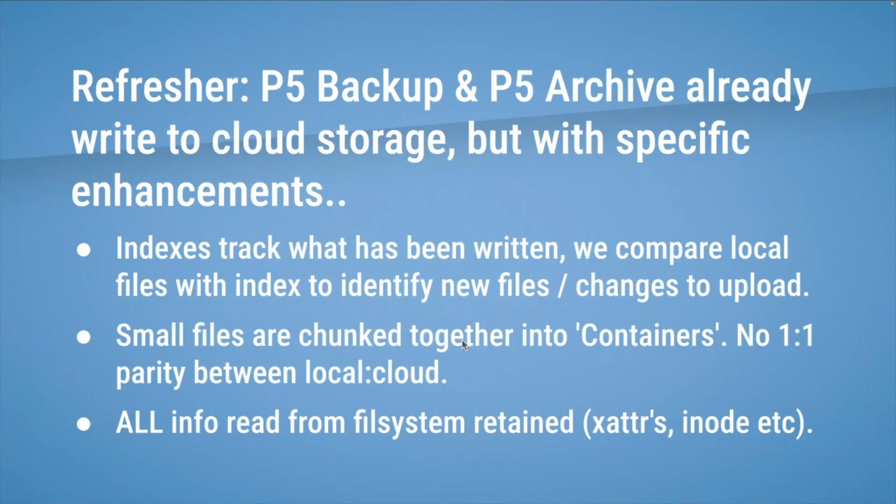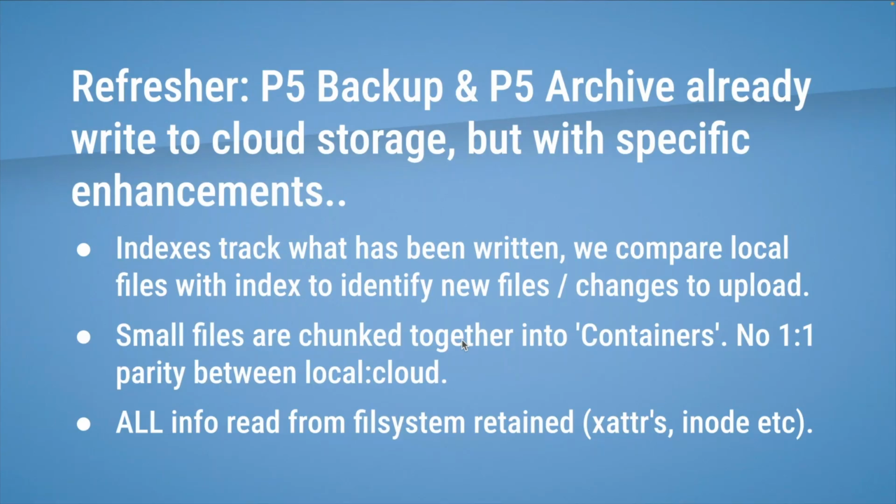So extended attributes, inodes, modification dates, everything we can get from the file system, we're storing so that when you're restoring from a backup, you're getting everything back as it was previously. That's not the case with synchronizing directly from storage to the cloud.